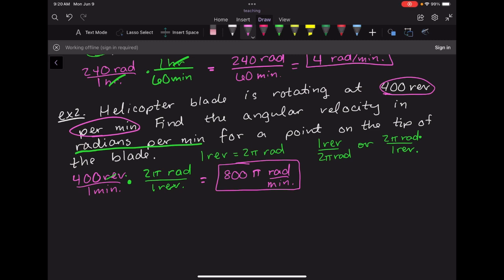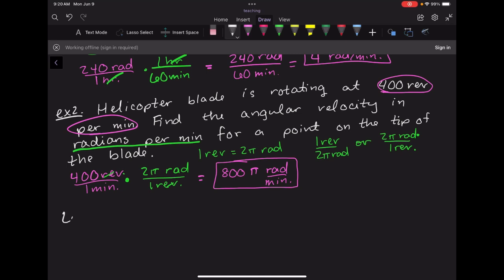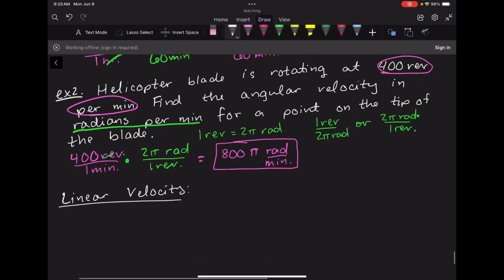Alrighty, now let's talk about linear velocity. Linear velocity is the rate at which distance is changing over time.